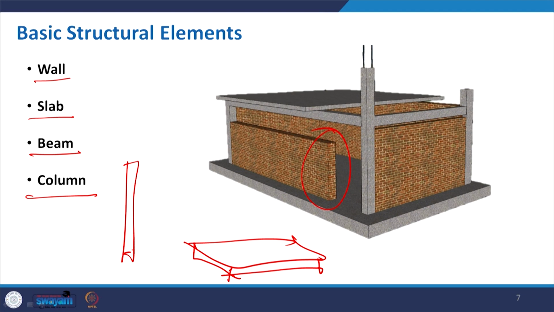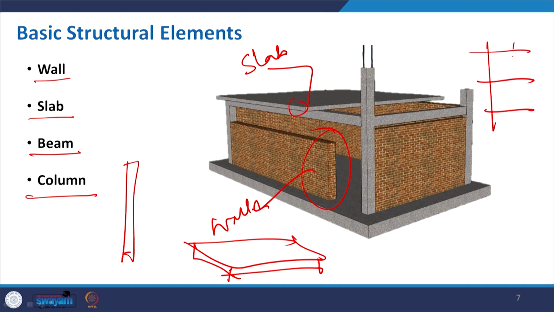Now, the next is the slab that you can see. This is basically the slab. This is your wall, and the beam is normally in connection with the frame structure. We make it as a frame with a vertical and horizontal arrangement.